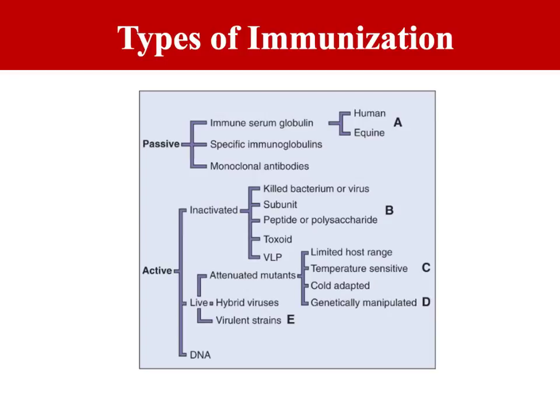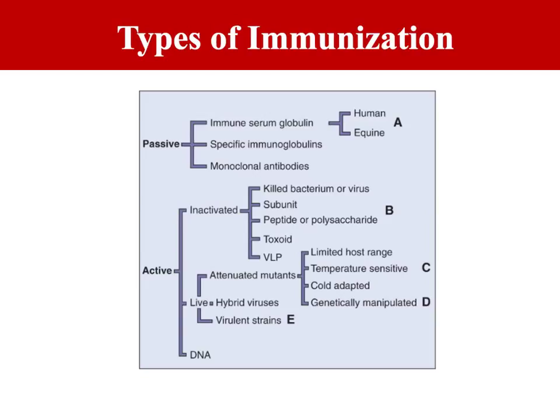Okay, so I have this image here that I really like, that talks about different types of immunization in terms of passive and active. And it does it like a phylogenetic tree, which if anybody knows anything about me personally, you would see why that would appeal to me, because I have a background in systematics.